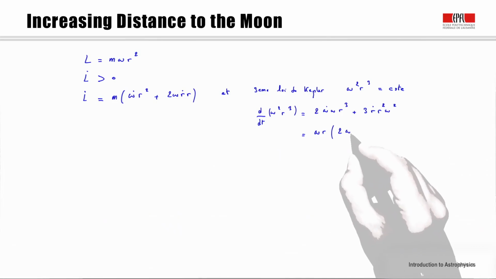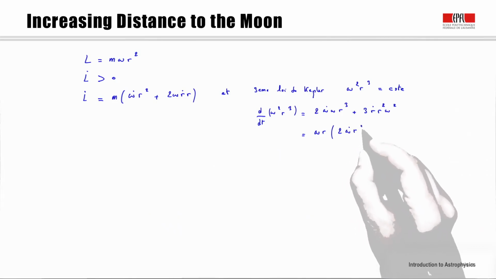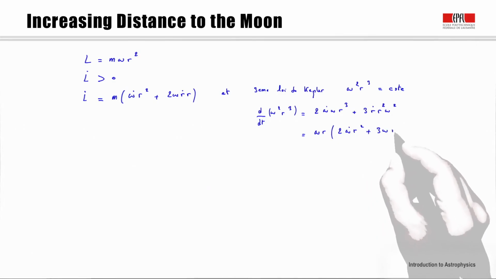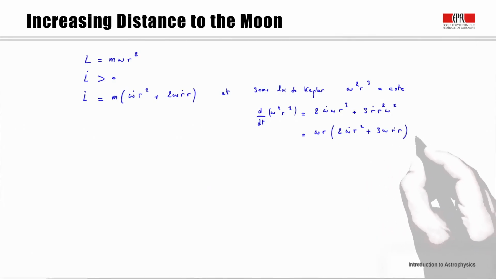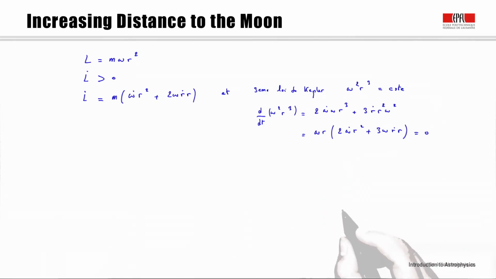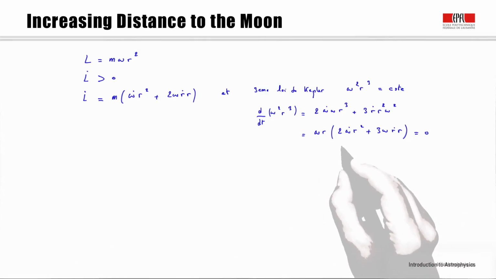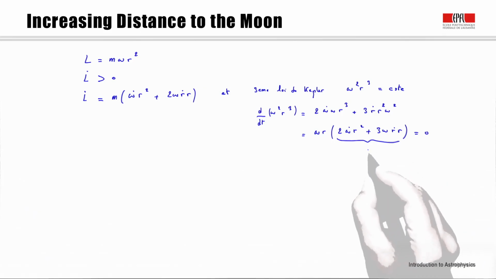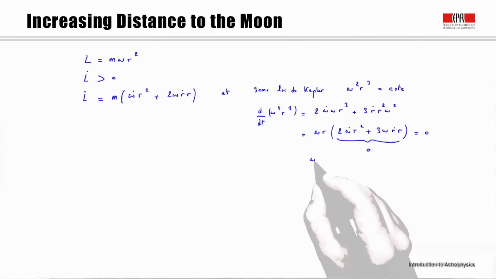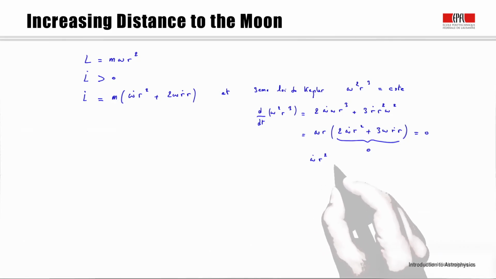And finally, one gets 2ω dot r² plus 3ω² r ṙ equals 0. Obviously, neither ω r nor ṙ is equal to 0. It is the whole expression that equals 0, implying ω dot r² equals minus 3 divided by 2 ω r ṙ.